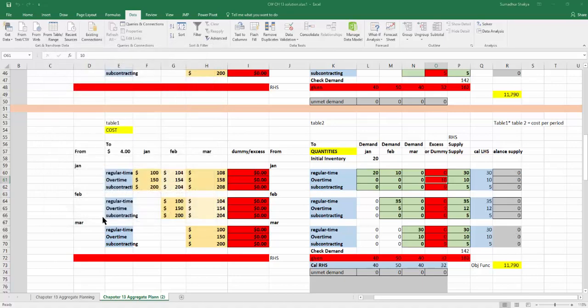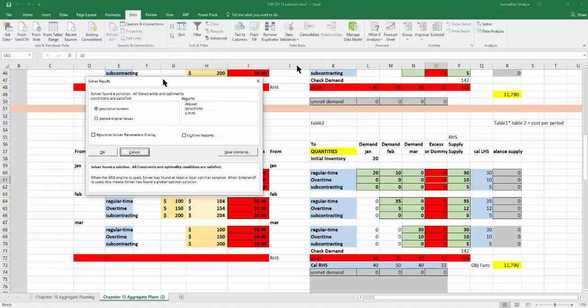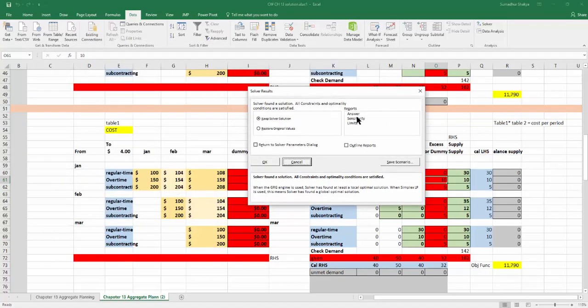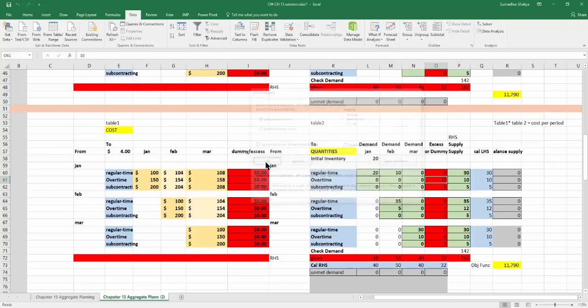Let's hit solve, and this is the window you will see. Let's say at this point that's what I'm happy with. Keep solver solution. So this 11,790 is the best possible allocation. And I see this is the calculated left hand side, not the right side.